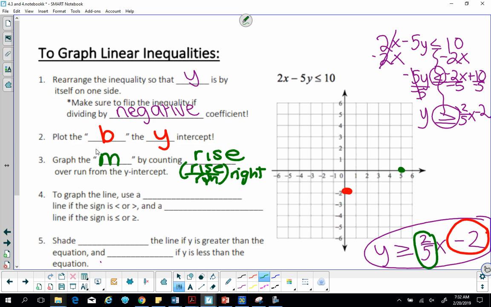Now, to work backwards, I'm going to go down 2 and to the left 5, just to extend the line. So down 2 over 5. It should look something like that.